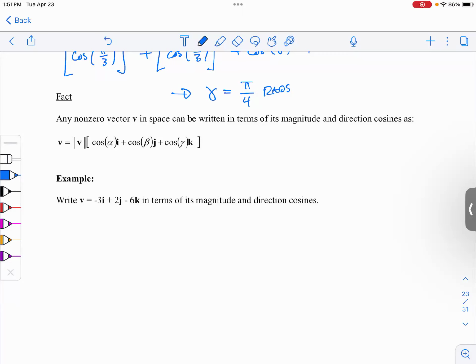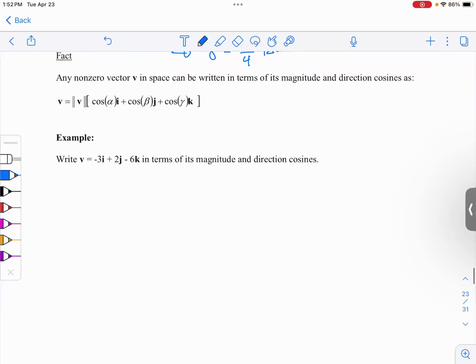The directional angles always end up making a unit vector, because by definition, cosine ranges between -1 and 1, and by definition, a unit vector is a vector divided by its magnitude, which are a bunch of values squared and square rooted. So this is always going to be a unit vector multiplied by a magnitude, and so I can always rewrite it in terms of directional angles and a magnitude.